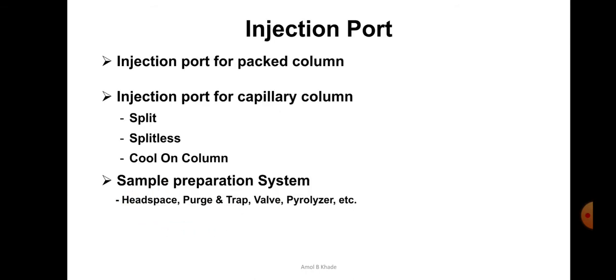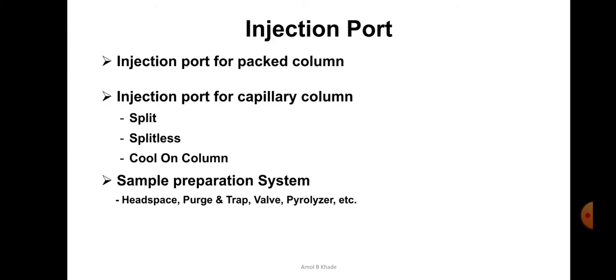There are various types of injection port system available based on what type of column you have in place. We have an injection port for packed column and an injection port for capillary column. For capillary columns we again have various types: a split injection port system, a splitless injection port system, and a cool on-column injection port system.